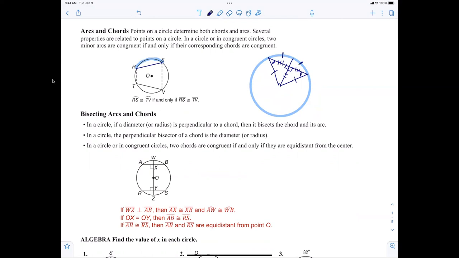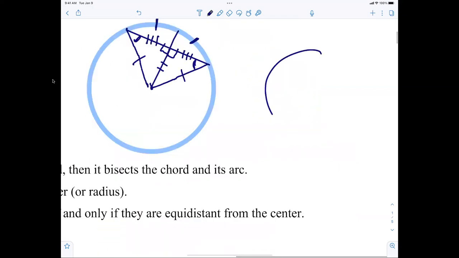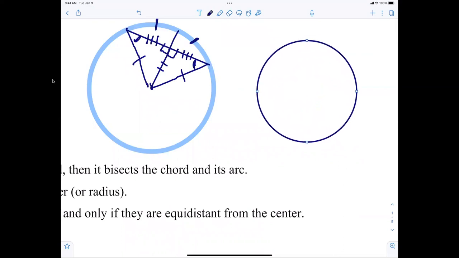The next one that's kind of important. In a circle, the perpendicular bisector of a chord is a diameter. So no matter what, if I can draw a circle and draw a chord, if I can find the perpendicular bisector of that chord, this right here, then that's automatically a what?